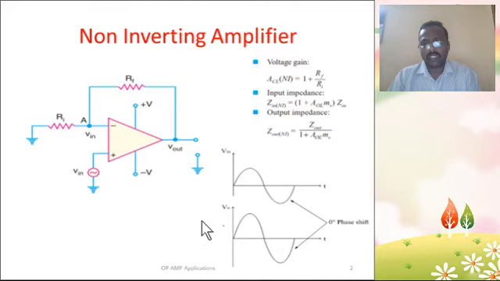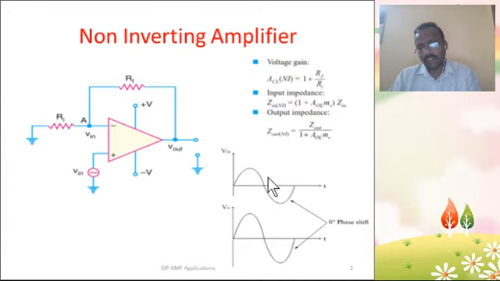So this is input and output waveform of non-inverting amplifier. This is input voltage which is supplied to the non-inverting input terminals. This is output voltage which is measured across output terminal with respect to the ground.